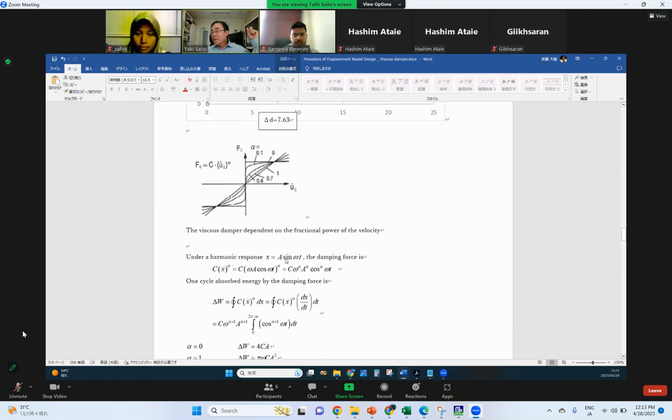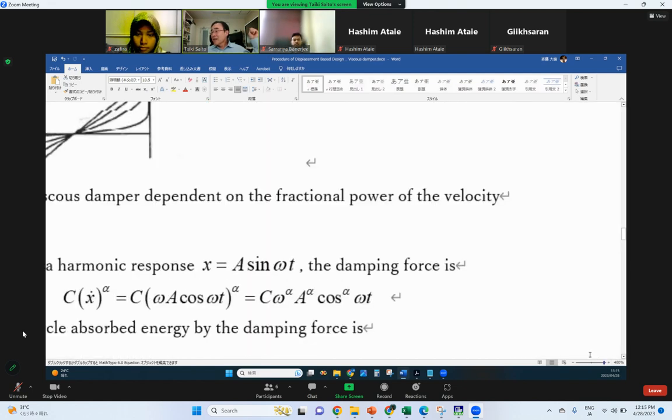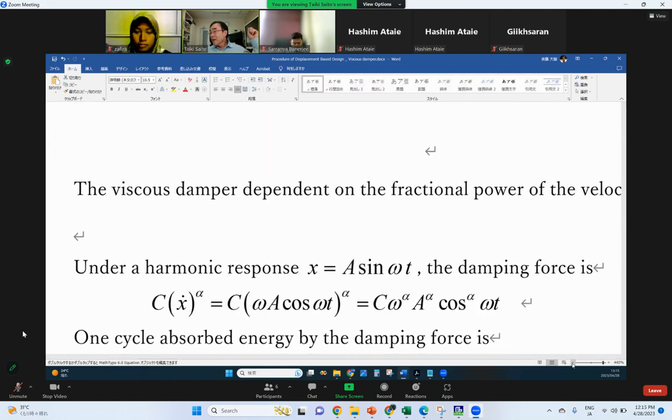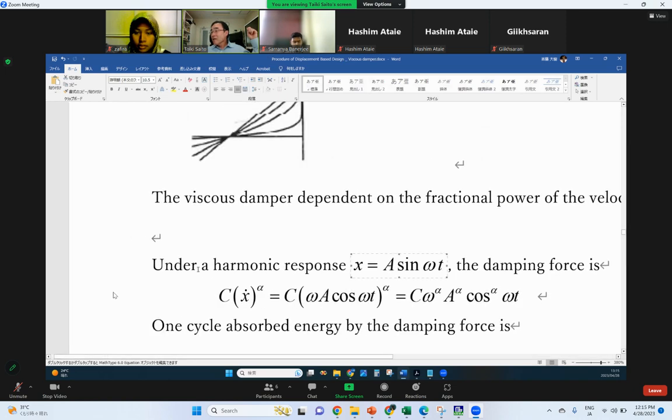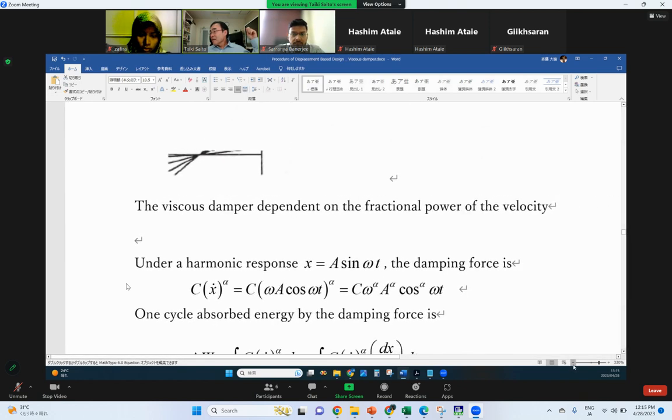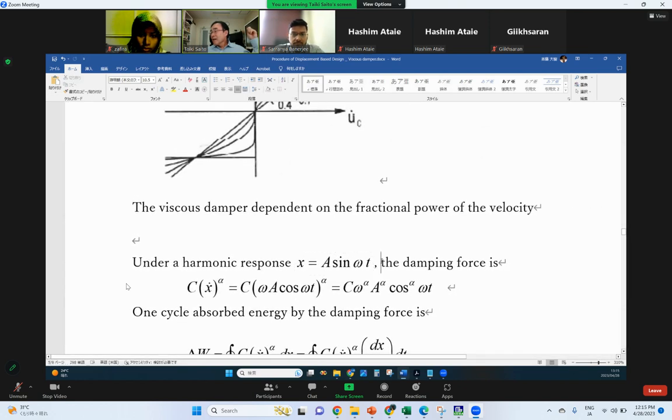But you assume some sine or cosine response, actually a harmonic response by frequency omega, then you can get the velocity. Velocity is obtained if you take the derivative by time.